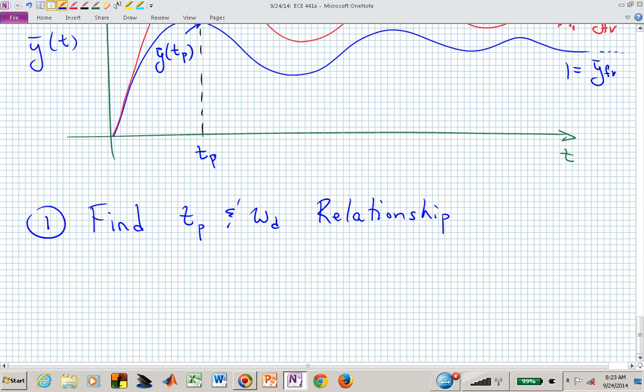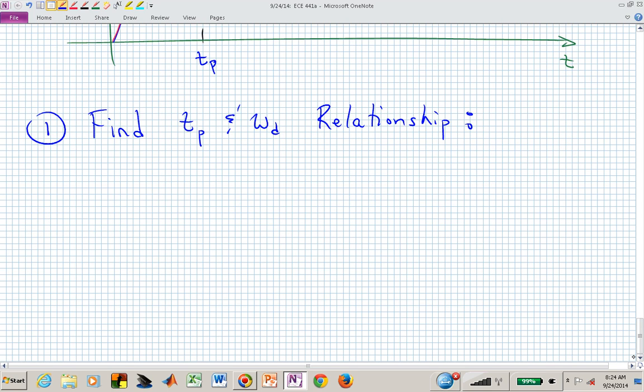You want to now translate that into an omega sub d so that you know the vertical distance your pole is from the horizontal axis in the s-plane. And that will get you partway towards identifying your plant, capital G of s. If we look to try to find this relationship, we said, well, let's differentiate little y bar of t in the frequency domain.